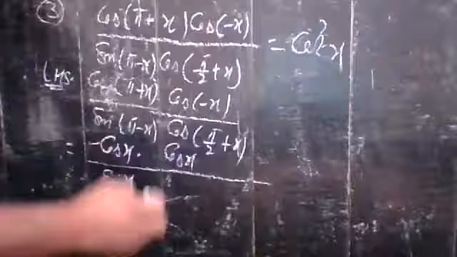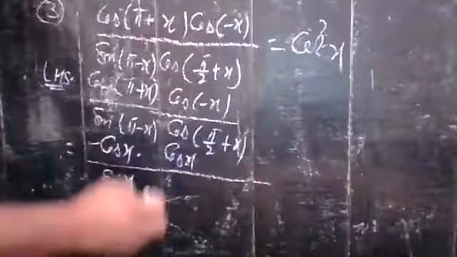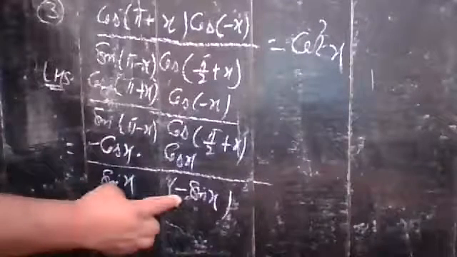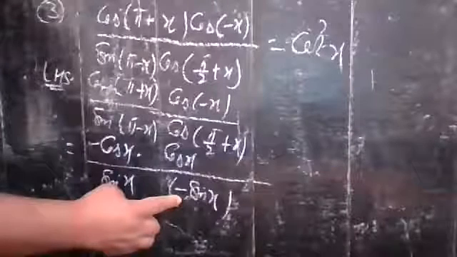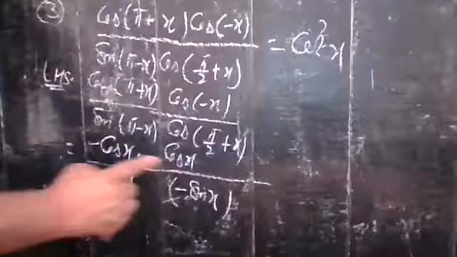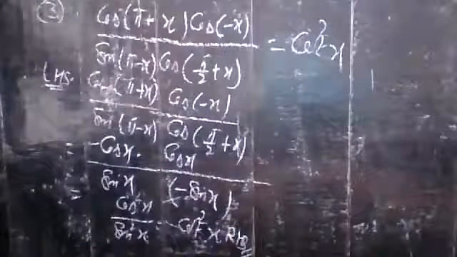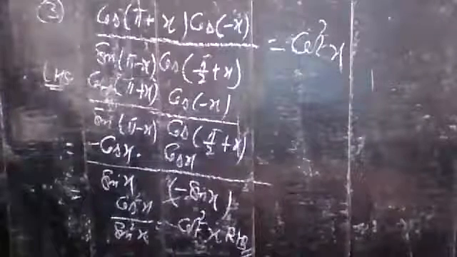So it is minus sin x. Now see, minus and minus cancel out. Cos x into cos x, cos square x upon sin square x. So you have cos square x upon sin square x is equal to cot square x, which is your solution, the right side.